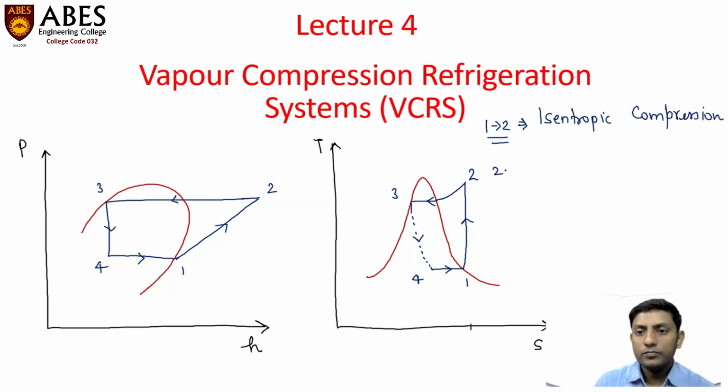Process 2 to 3: from here, you can see the pressure is constant, so this is isobaric condensation or heat rejection.